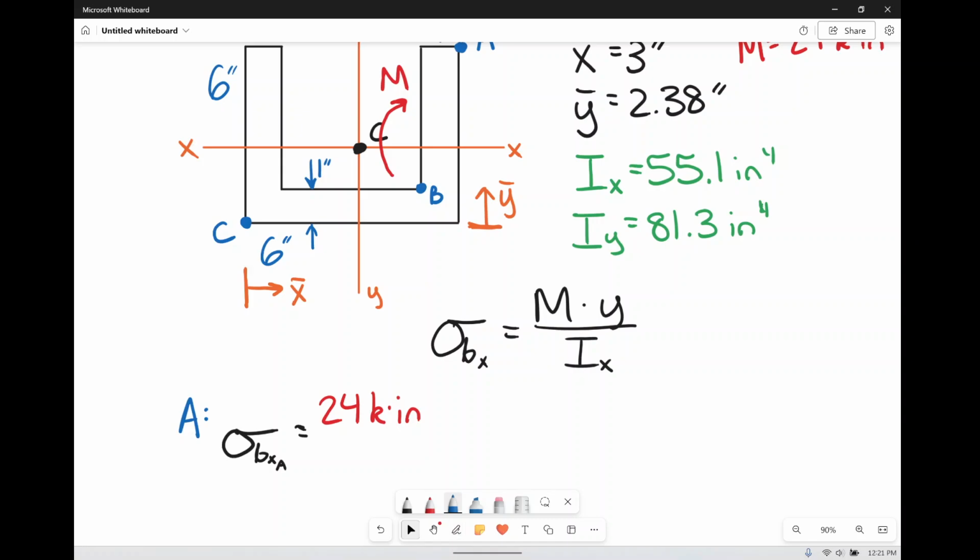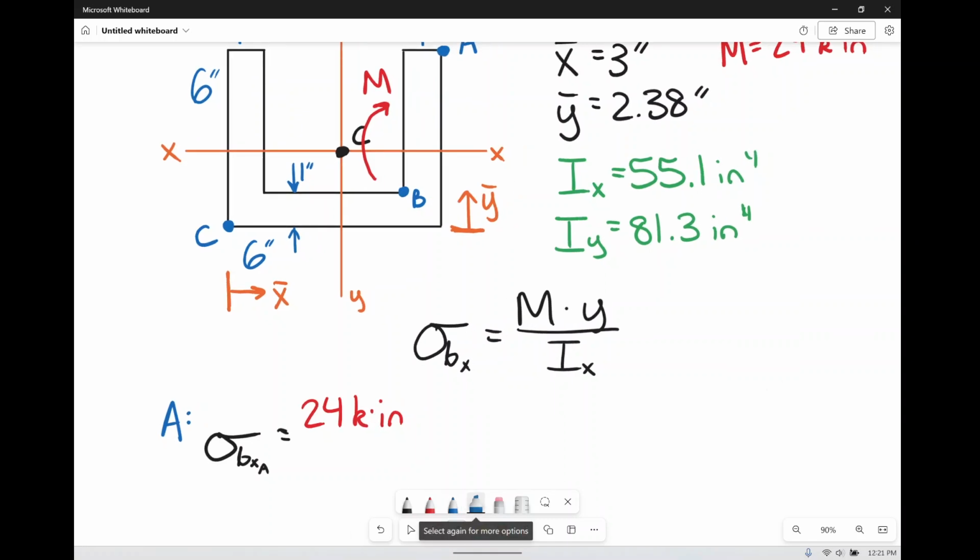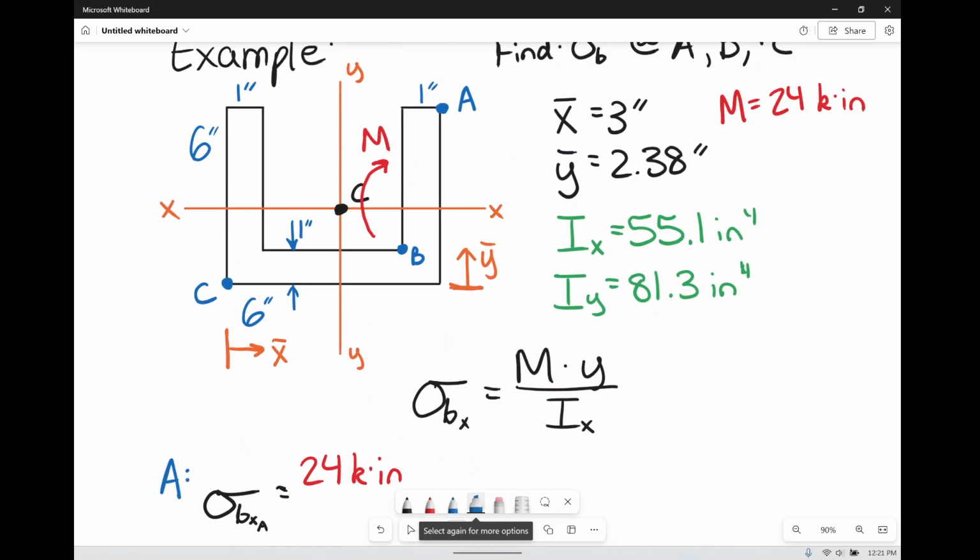Y for this guy, let's draw it out. I want to know how far A is down to my neutral axis x. And to do that, I could think of this in a different way. I could think of it as it's a total of 6 inches tall, and then subtract out y bar here. I think that would be a nice, really easy way to think about it.